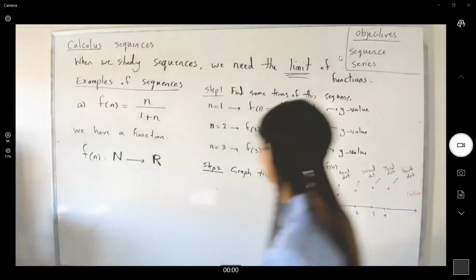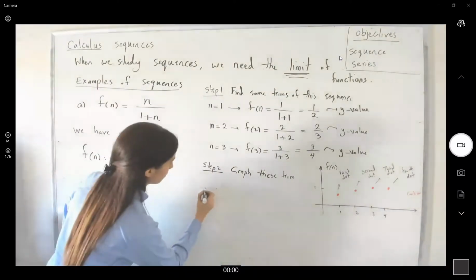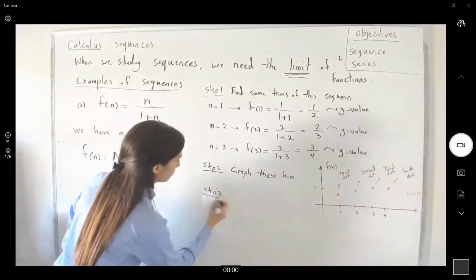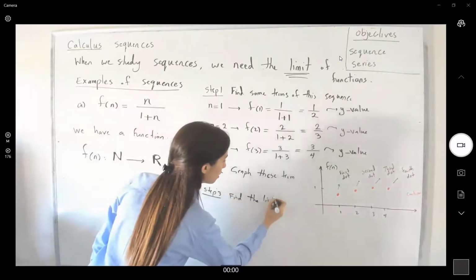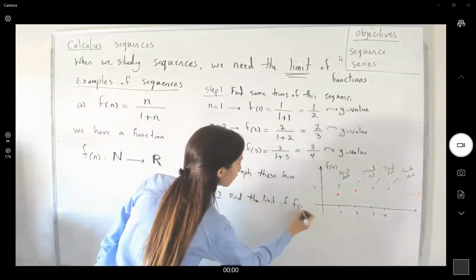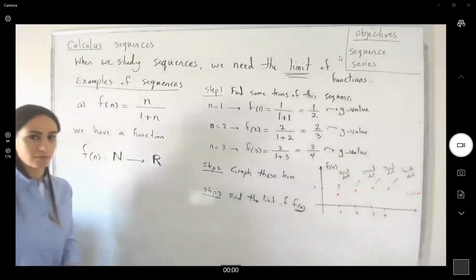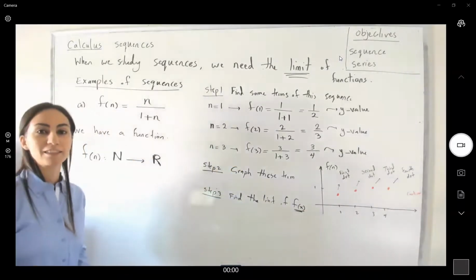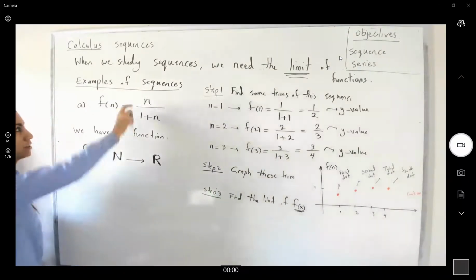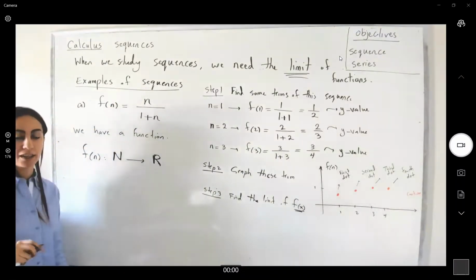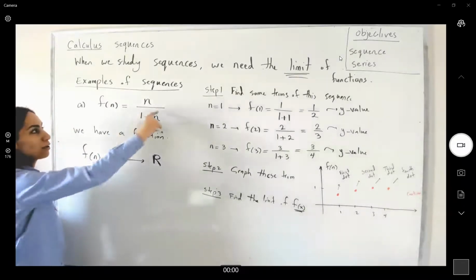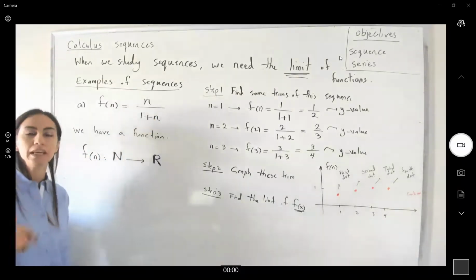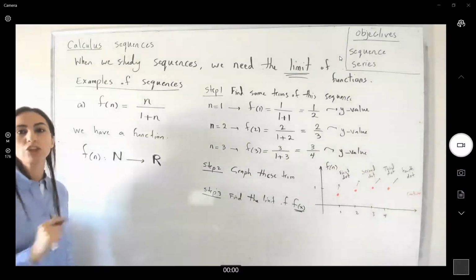Step 3. Find the limit of f of x. So, why are we finding the limit of f of x? When x goes to infinity, n goes to infinity, the behavior of these two functions is the same.